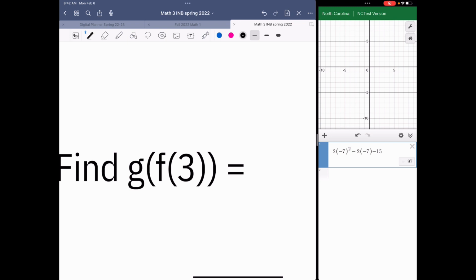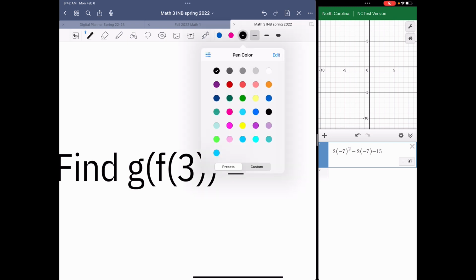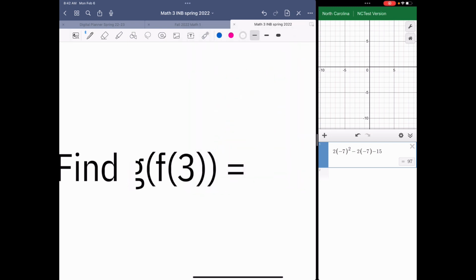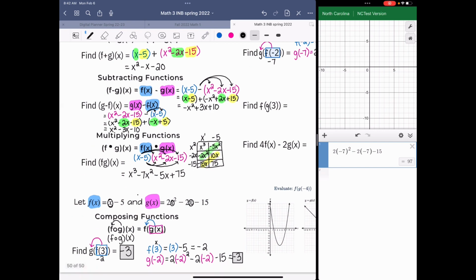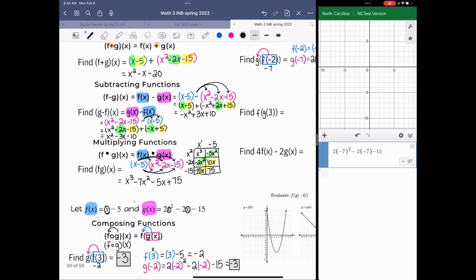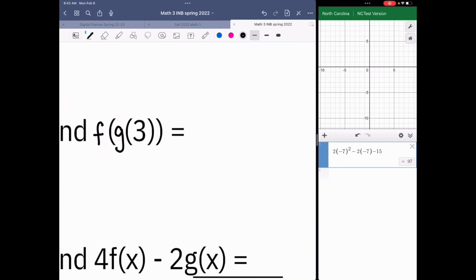See, another typo is the exact same problem from the other page. Sorry about this. So if you will, take this and mark these F's and G's out, and we're going to make this an F here and a G here. So we're going to be plugging them into different functions because it's the same problem as over here. We're going to start with the G function.